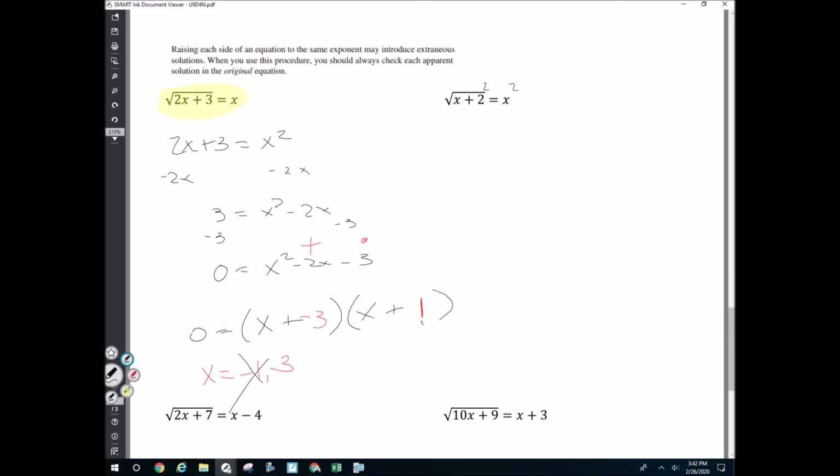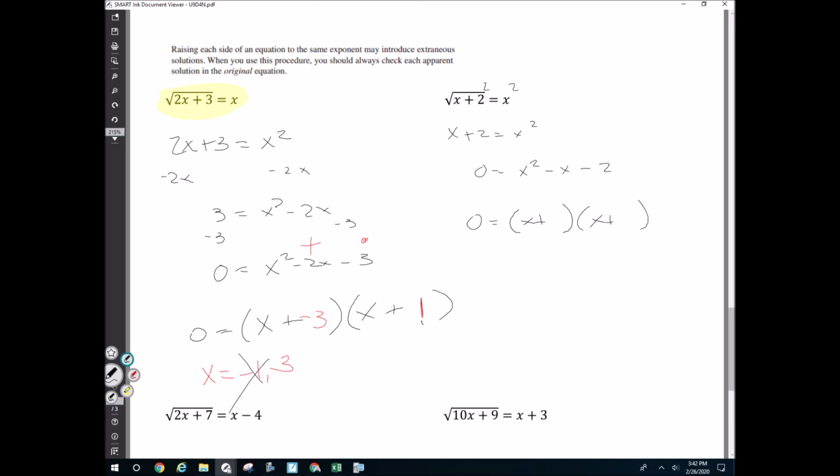Square both sides, I get x plus 2 equals x squared. Move everything onto one side by subtracting the x and subtracting the 2. We now find the two numbers that go in this form, which is the factored, the undistributed form of a quadratic.